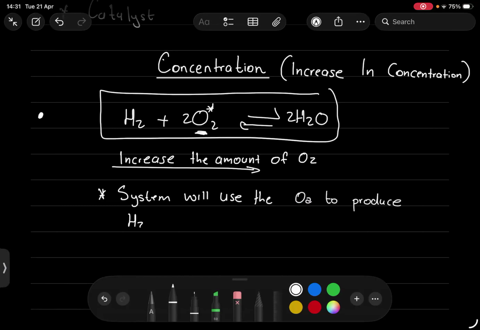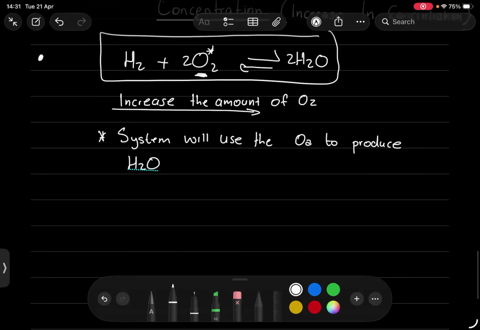To produce H2O. And obviously, whenever the system produces H2O, what's going to happen? More products will be formed.